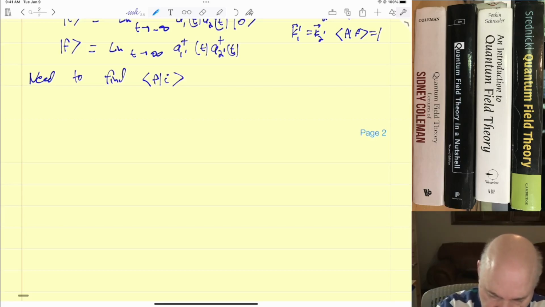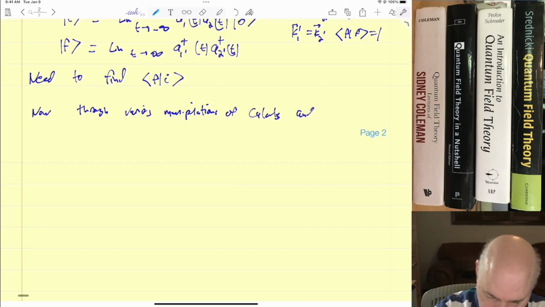Now through various manipulations of calculus and algebra, things like integration by parts and the fundamental theorem, etc. Nothing deep.